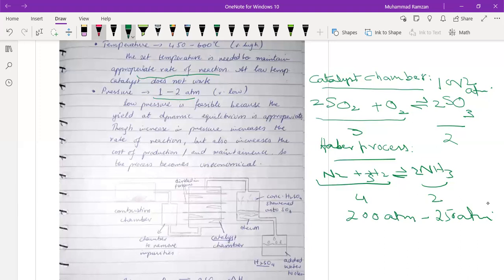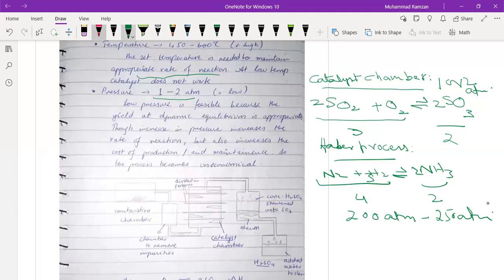No doubt, if you give high pressure, it will favor the forward side, but it will increase the cost of production, because to bear high pressure, you need very sophisticated, very modernized equipment to bear heavy pressure.